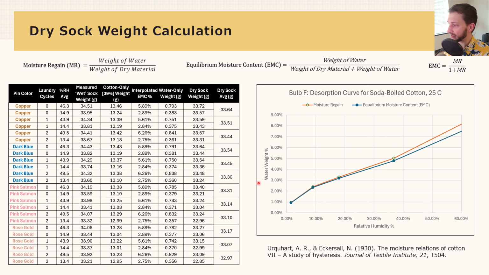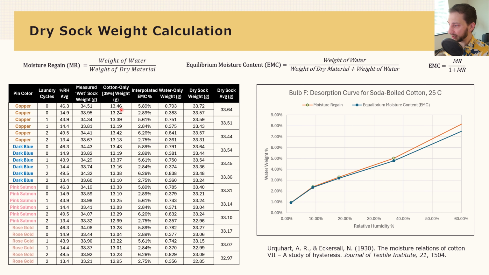Okay, so we take the humidity and find that on the chart. We have our wet sock weight. We say that only the cotton is absorbing the moisture in these socks, so here's the 39% of that weight for the cotton only.